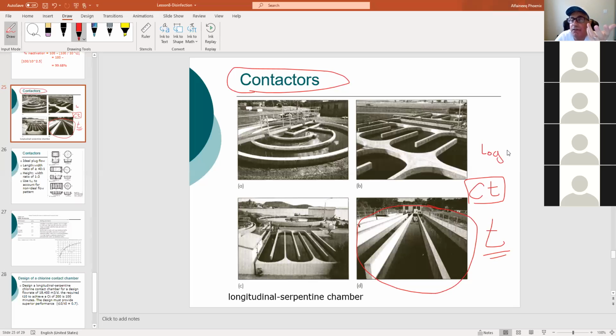So your CT should be able to give you that log 3, and it looks like you need time. So when you design your contactor, the hydraulic detention time must be the one that gives you sufficient CT.